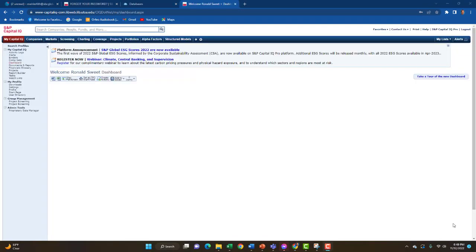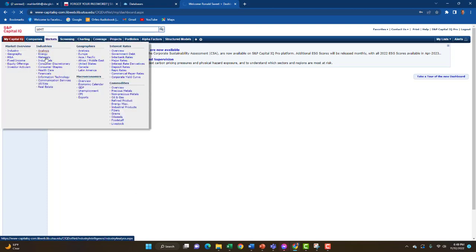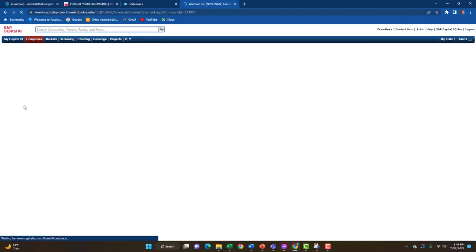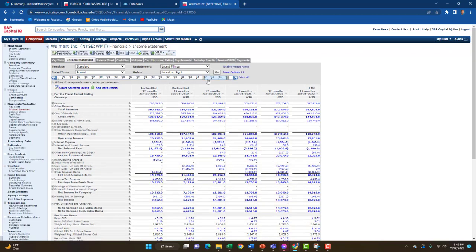And then you have to log in to Capital IQ as well. So when you get into Capital IQ, you get a screen like this. I'm going to put my company in there, Walmart. There's Walmart right there. And over here, I'll just click on the income statement on the left. I want more years, so up here I'm just going to bring the years back as far as I can.